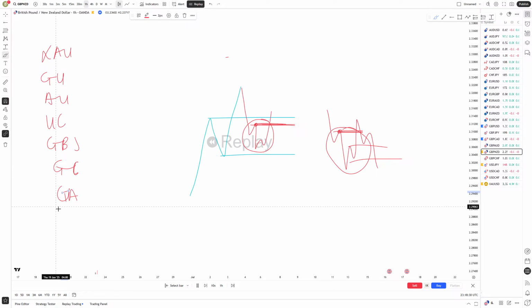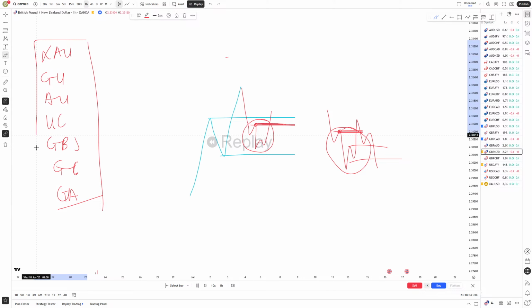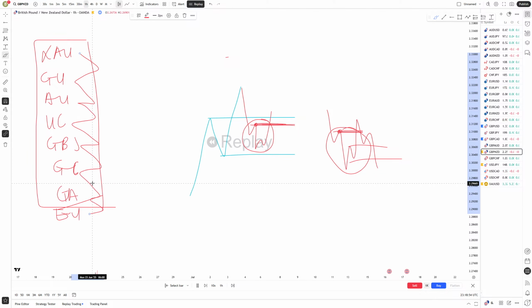And more. You can backtest yourself, but some of the pairs that work very well, even Euro USD, there are more, like all of them, but these are some of the pairs that I mostly use type 2 entries to trade, so you can try them.